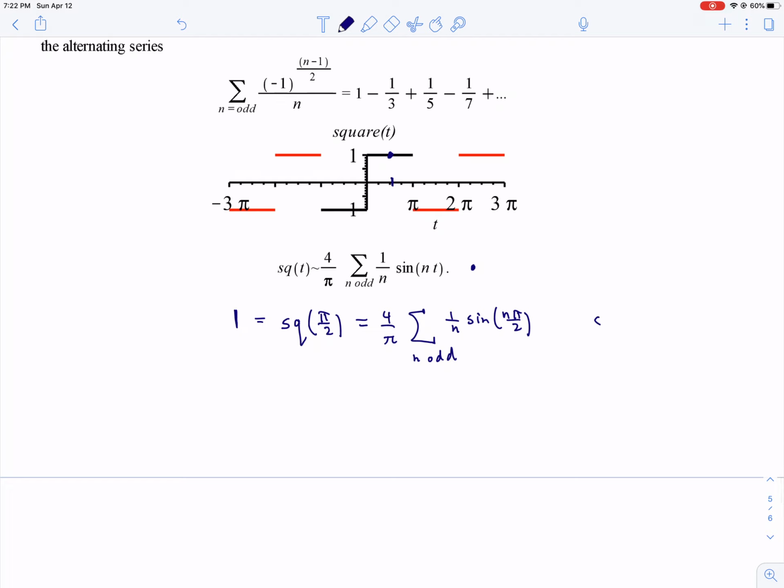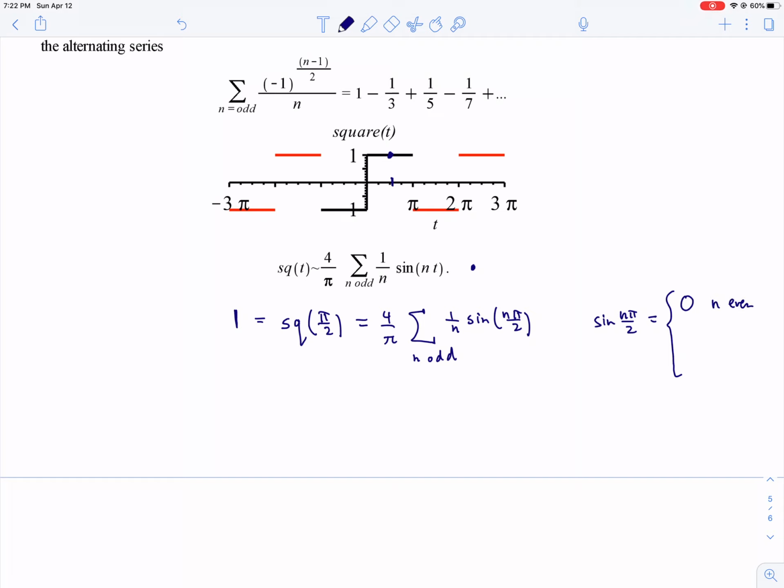Well, sine of n pi over 2, I could just leave it in there, but it could be practical to have it as a number without explicitly evaluating it. Anyway, if n is even, I always get 0.